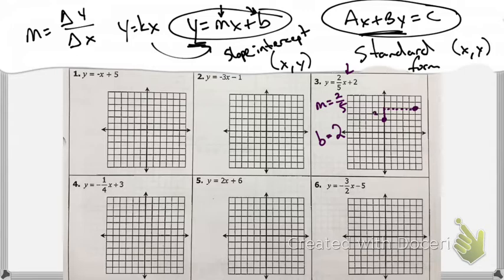Because that's my slope of 2/5. Well, guess what, friends? We have 2 points. And those 2 points, when I connect them, give me a line. And that line has a slope of 2/5 and has a y-intercept of 2. So Oliver, this is going to work for like every line.